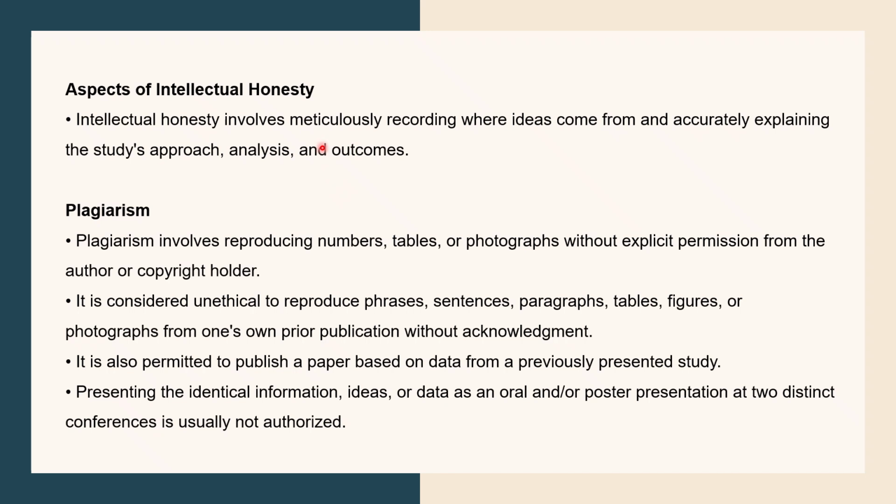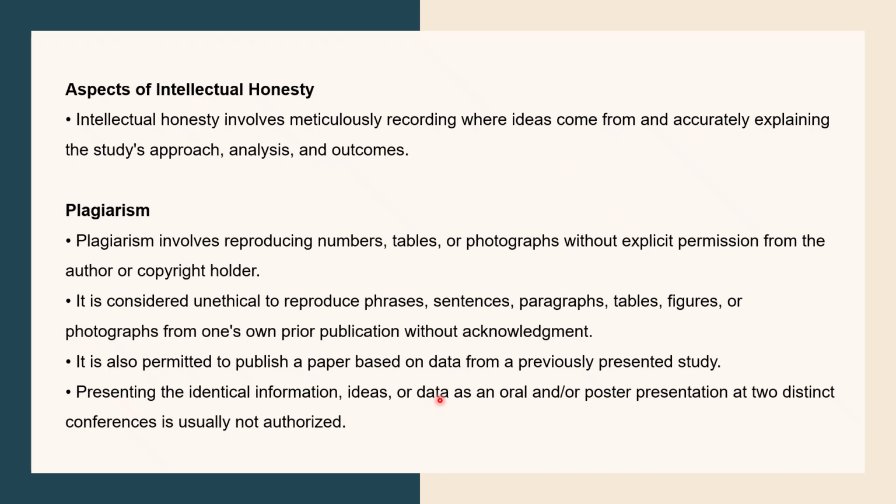Aspects of intellectual honesty. What are the aspects of intellectual honesty? It involves meticulously recording where ideas come from and accurately explaining the study's approach, analysis and outcomes. Plagiarism involves reproducing numbers, tables or photographs without explicit permission from the author or copyright holder. Plagiarism as a whole, I'll explain later, but you should never plagiarize.